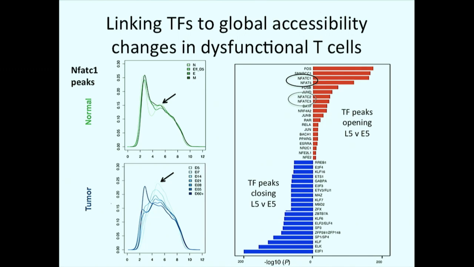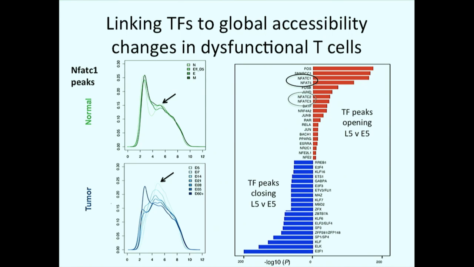And what you can see is that the NFAT-C1 occupancy gets large early in the tumor, and that doesn't happen normally. So there's a large number of peaks carrying the NFAT-C1 motif that are opening up early in the tumor.